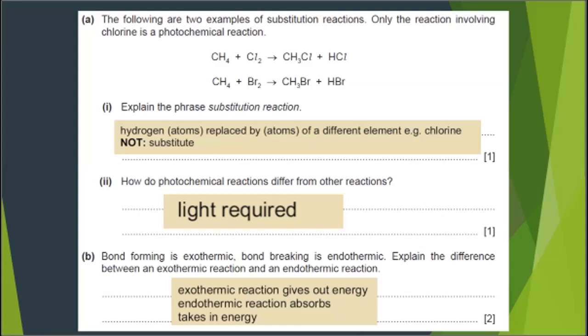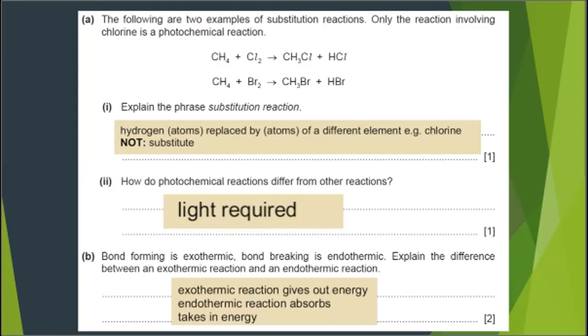What you could say is that the hydrogen atom is replaced by atoms of a different element, or hydrogen has been replaced by chlorine, for example. When we talk about substitution, we use an example to help you explain what you're trying to say. It almost certainly assures that you are getting the mark that you're trying to get.